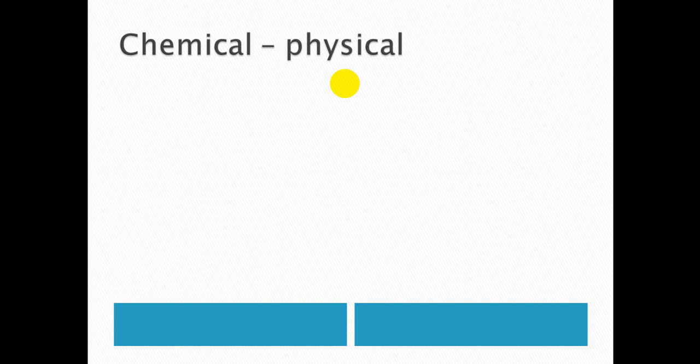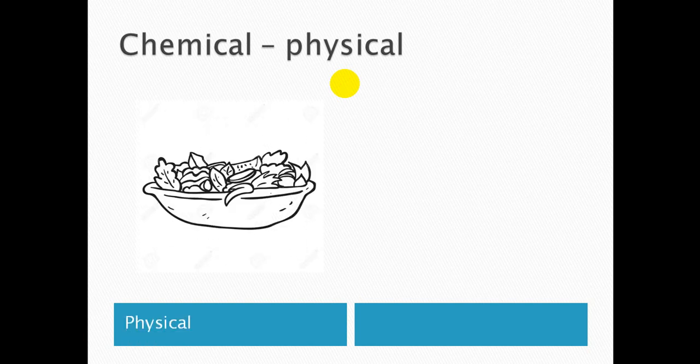Let's solve this together. The first one, is it physical or chemical? This salad expresses a physical change because we can separate this. We can recognize each of these parts. No new matter is formed.